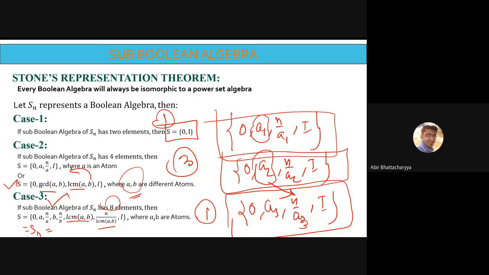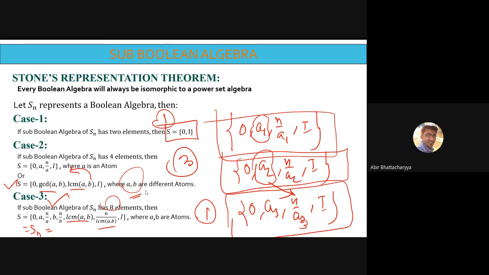Whatever you take, you will get only one set, that is Sn, no matter how you construct the possibilities. So depending on that, we will count the total number of representations, and we'll write that a total of 5 or 6 or 7 sub-Booleans are possible.